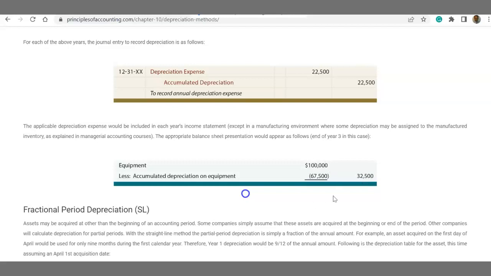However, this shows in the balance sheet still. Even though its book value is zero, in the balance sheet, I can see that this company still has the equipment that has been fully depreciated and it's still using it.